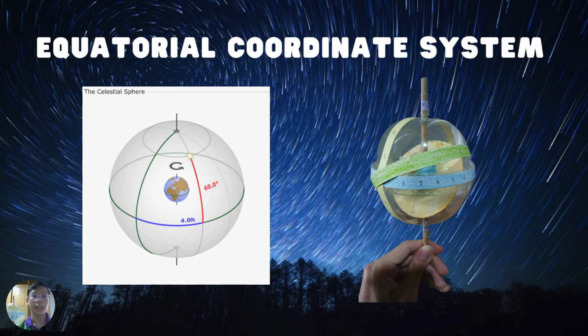The declination is measured either northward or southward with respect to the celestial equator, and the right ascension is measured along the celestial equator. The declination ranges from positive 90 degrees at the north celestial pole to negative 90 degrees at the south celestial pole, while the right ascension ranges from 0 hours to 24 hours.